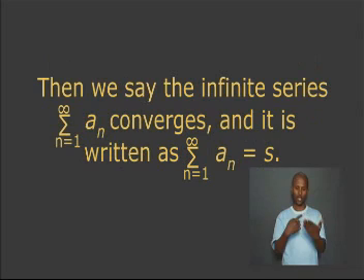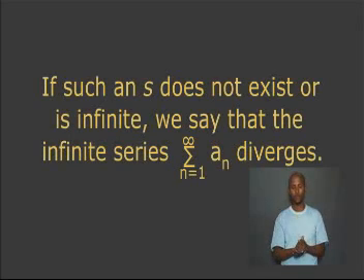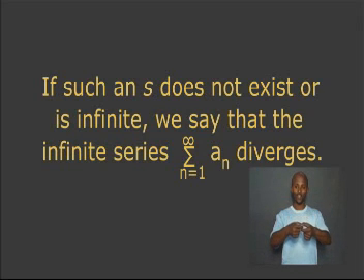Then we say the infinite series an converges and is written as the sum over n from 1 to infinity of an equals s. However, if such an s does not exist or is infinite, we say that the infinite series an diverges. Let us do another activity, students.